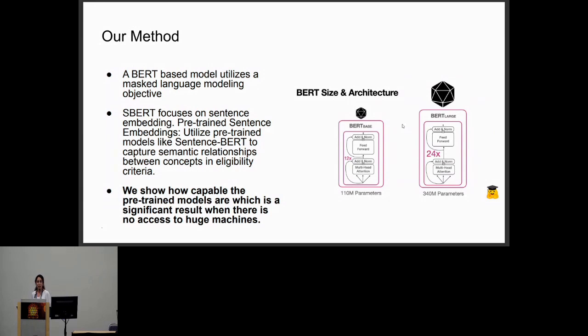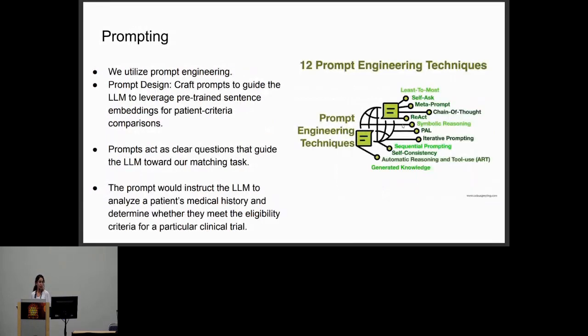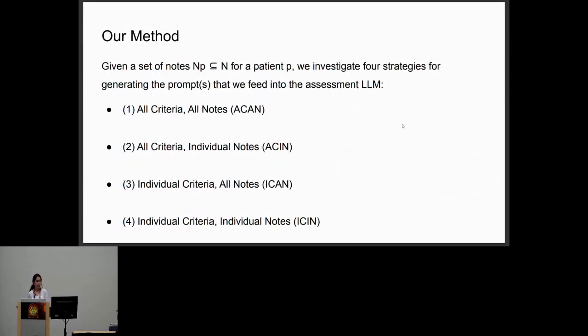And we also use prompt engineering. The reason for using these prompts is that they guide the large language model toward finding a better solution or a better match with the trials. And for the type of prompts that we feed into the LLM, we have 4 different prompts.